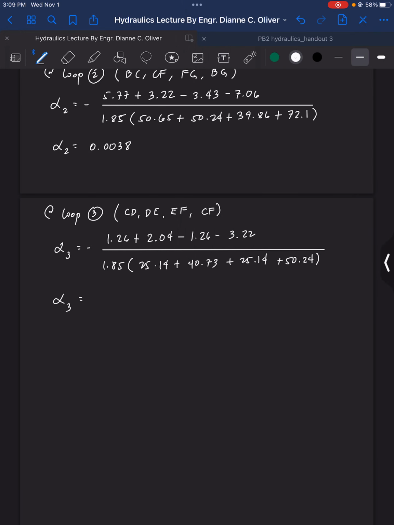The correction here for the third loop is 0.0045.